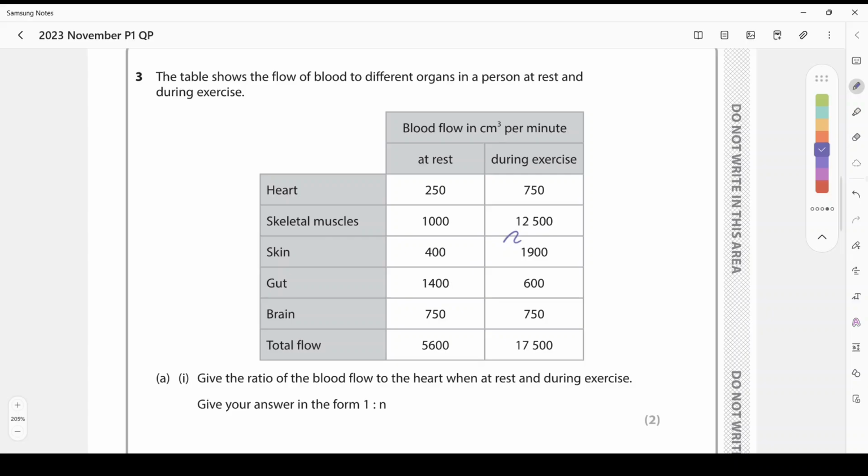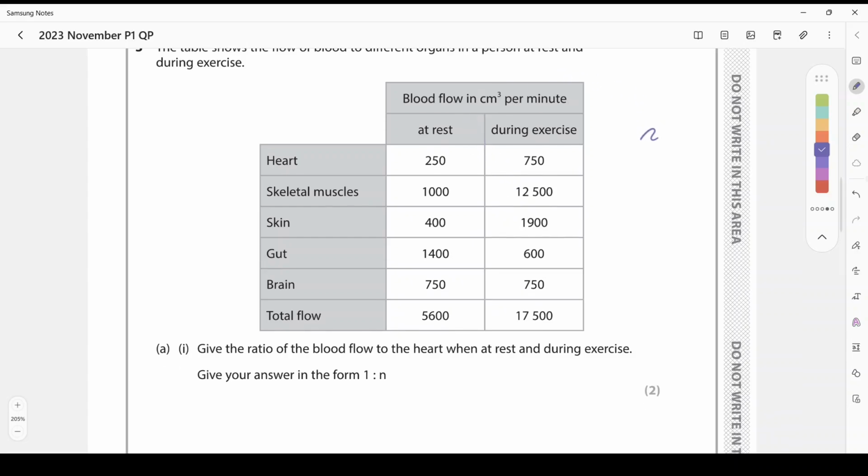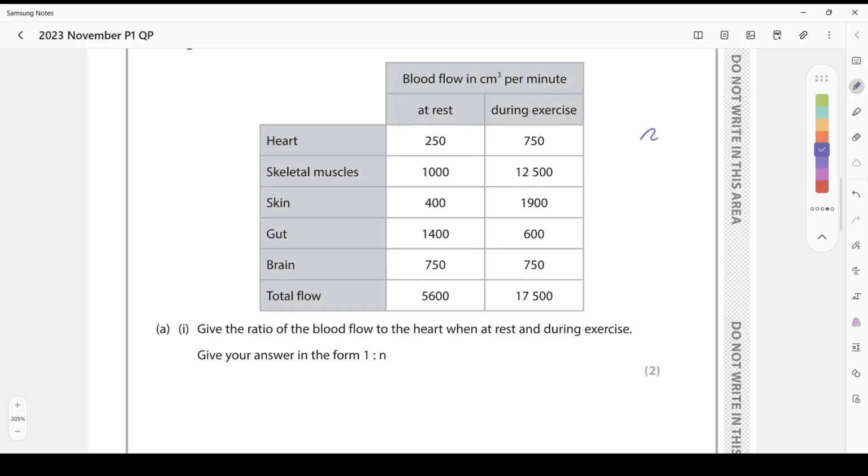Question 3. The table shows the flow of blood to different organs in a person at rest and during exercise. Part A1, it says give the ratio of the blood flow to the heart when at rest and during exercise. So heart, rest, comparing it to during exercise.